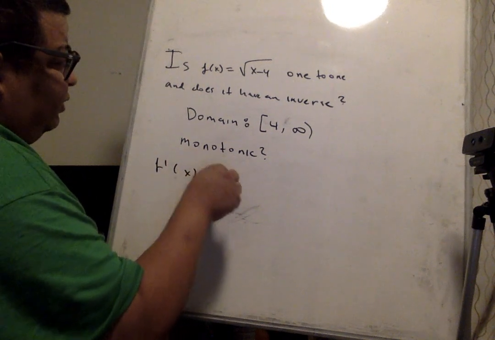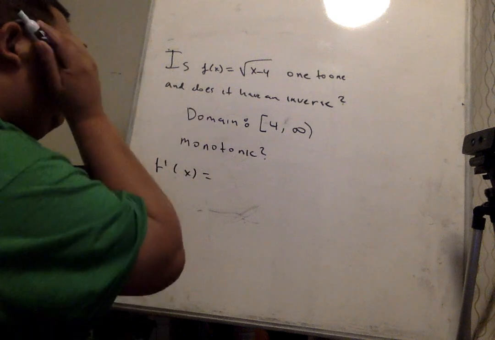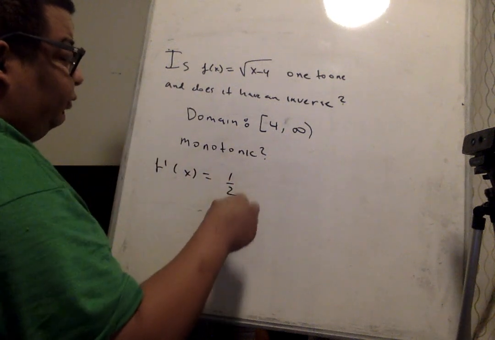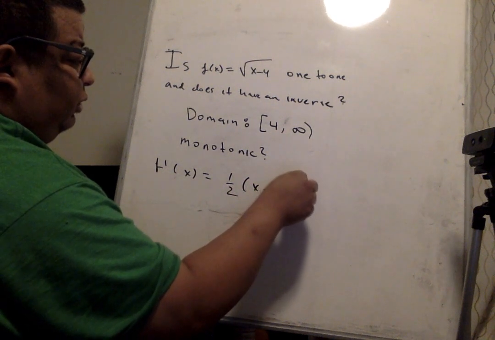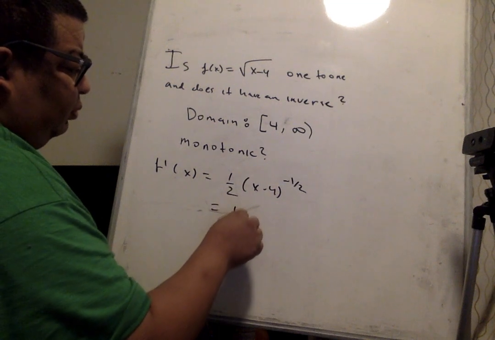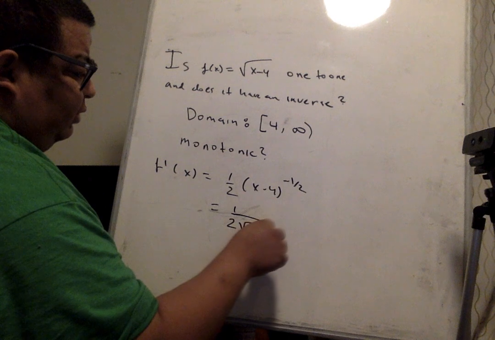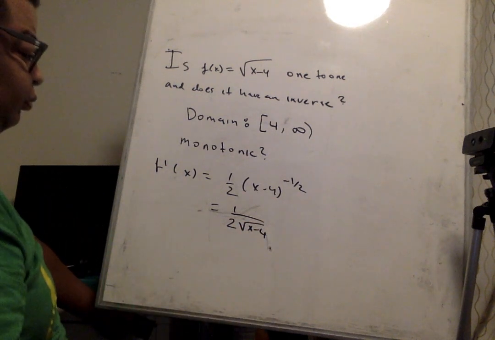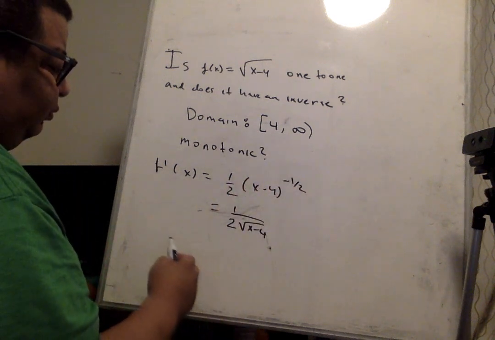f prime of x is equal to 1/2 (x minus 4) to the negative 1/2. That's equal to 1 over 2 square root of x minus 4. Remember, the domain is 4 to infinity.